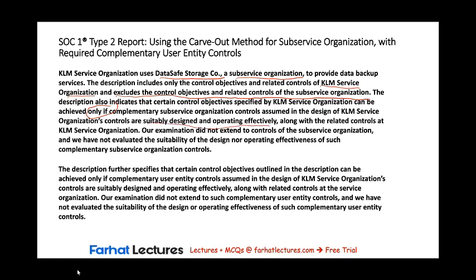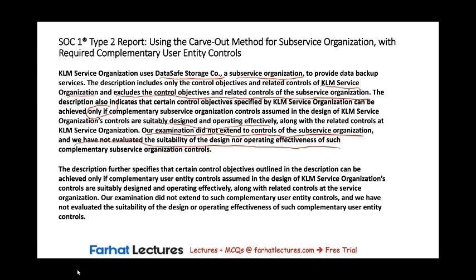So even though the controls of the subservice organization are excluded from the description, it doesn't mean that they are not required or not important for the achievement of the control objectives. They are still important, but they have been carved out, and the auditor's examination did not extend to controls of the subservice organization. We have not evaluated the suitability of the design nor operating effectiveness.